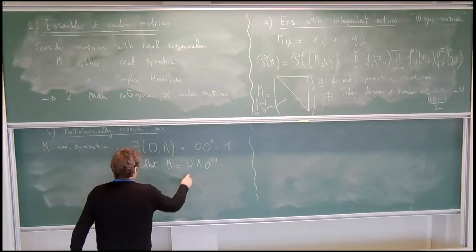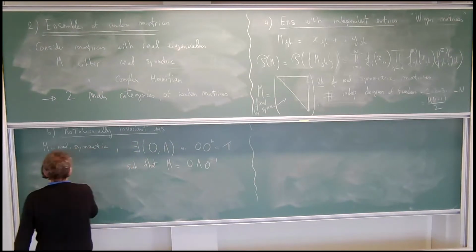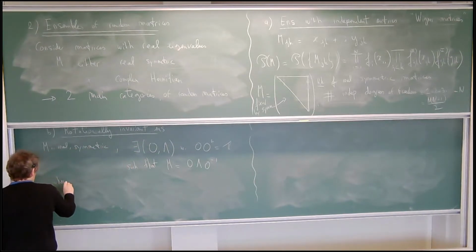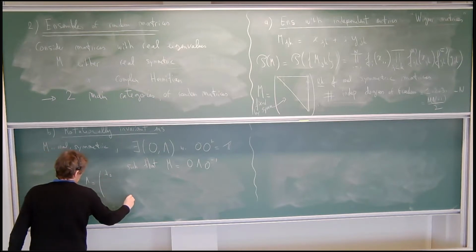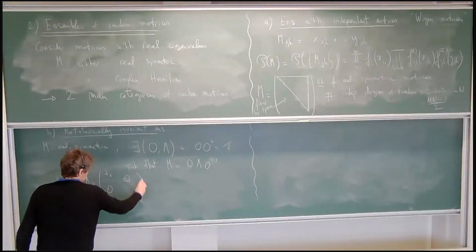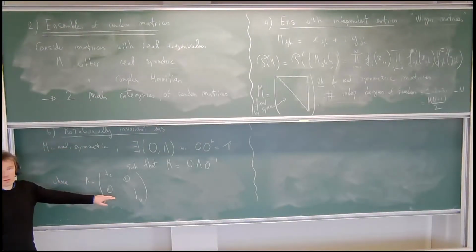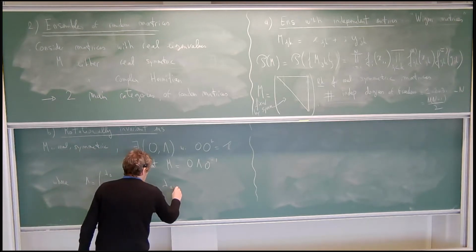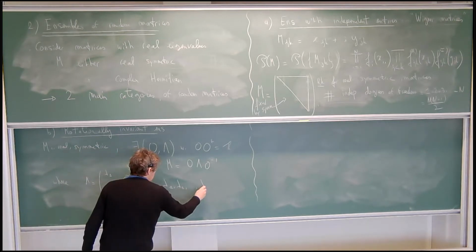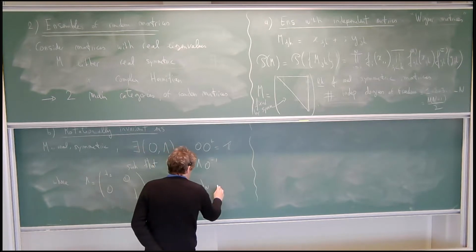And lambda here is just the diagonal matrix with the eigenvalues of the matrix M. Lambda 1, lambda 2, ..., lambda N are the eigenvalues.